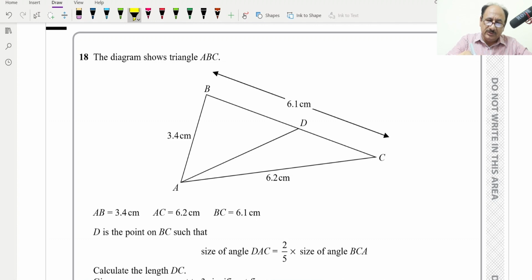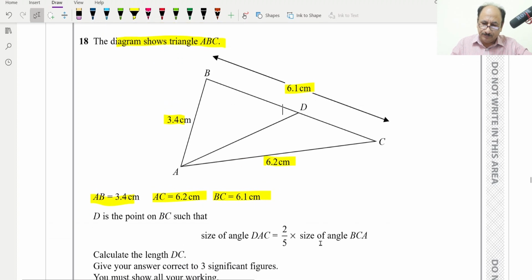Question number 18. The diagram shows triangle ABC, and AB is given as 3.4, AC is 6.2 and BC is 6.1, and D is a point on BC. The size of DAC is 2 by 5 of the size of BCA.